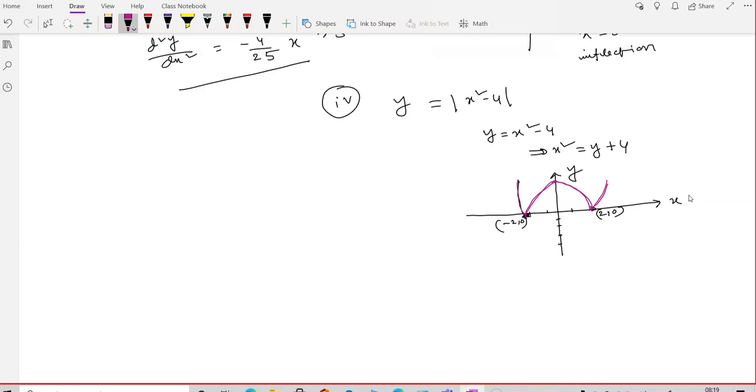So neither x equal to 2 nor x equal to minus 2 is a point of inflection. Okay.